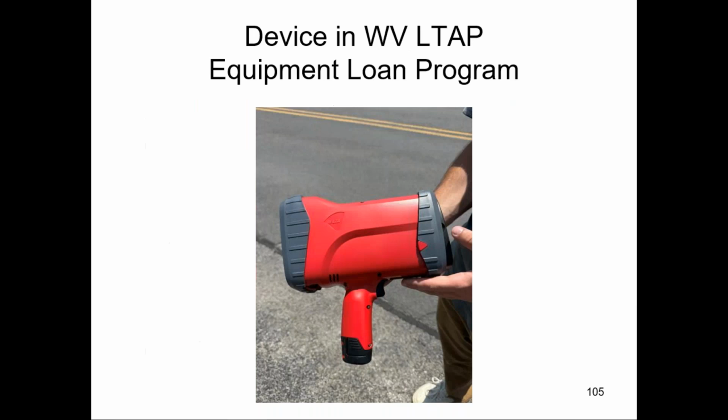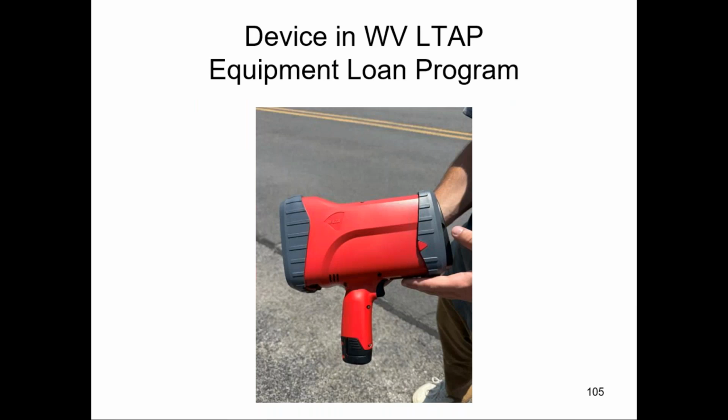And in West Virginia, we have the GRX device in our loan program. Mike, I don't know if you happen to know off the top of your head what Ohio LTAP has. Yeah, we have the Road Vista device. Okay, so Ohio has the Road Vista device, which is just as good.